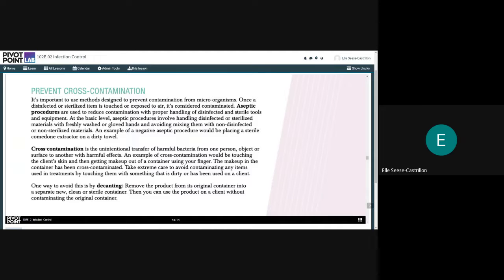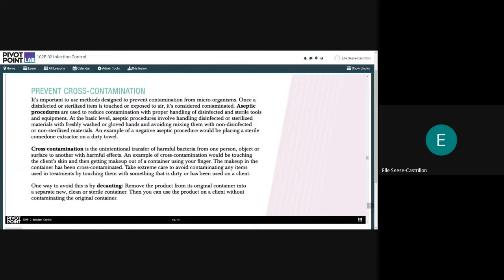Cross-contamination is an unintentional transfer of harmful bacteria from one person, object, or surface to another with harmful effects. An example would be touching the client's skin and then getting makeup out of a container using your finger. The makeup in the container has been cross-contaminated. Take extreme care to avoid contaminating any items used in the treatment by touching them with something that is dirty or has been used on a client.